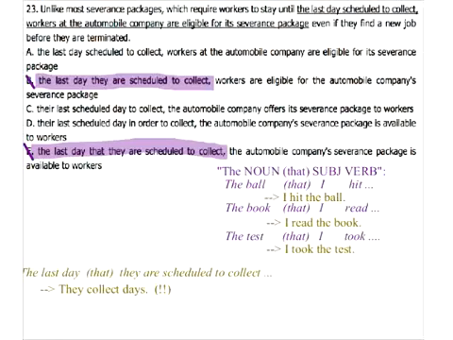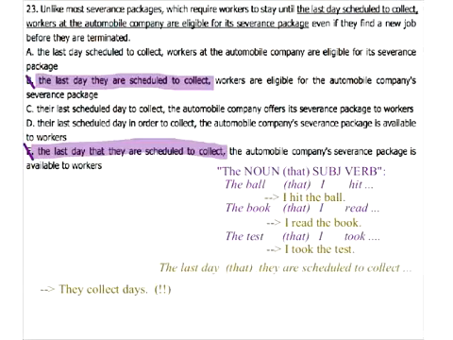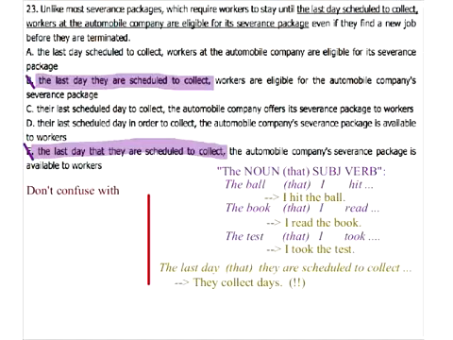This would mean I took the test. One thing you want to be careful of that looks like this but is different is the following. Don't confuse it with something like idea that or notion that, etc.